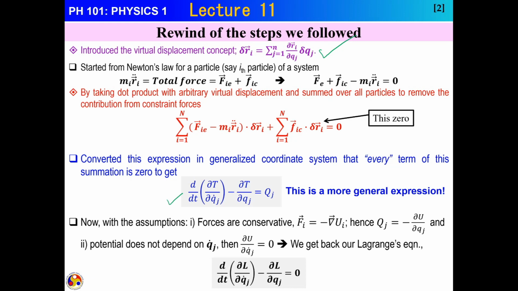And now if we take these generalized forces that are conservative in nature, then we can come to this equation of Lagrangian formalism, where the potential energy does not depend on q dot. So until then, you have no problem.